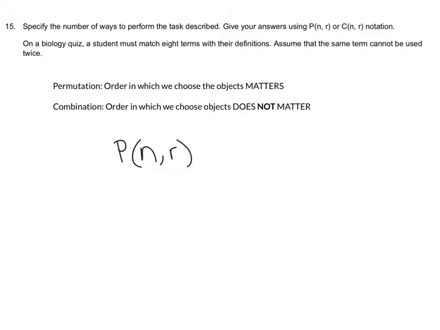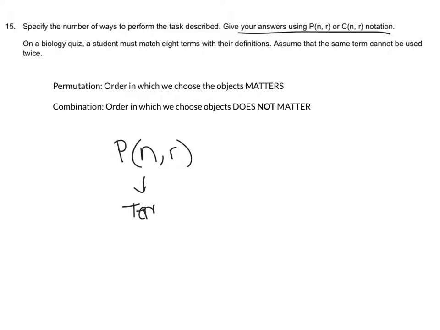Now, we want to give our answer in the P and choose R notation. That means we're not going to solve. We're just going to identify the values for N and R, and then we'll type our answer in that notation. So N is the number of objects or the number of terms that we have.